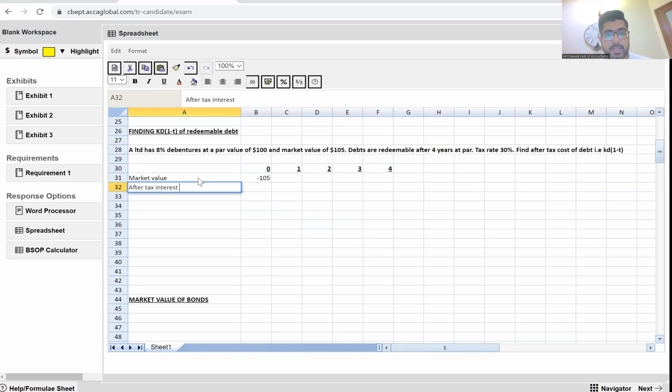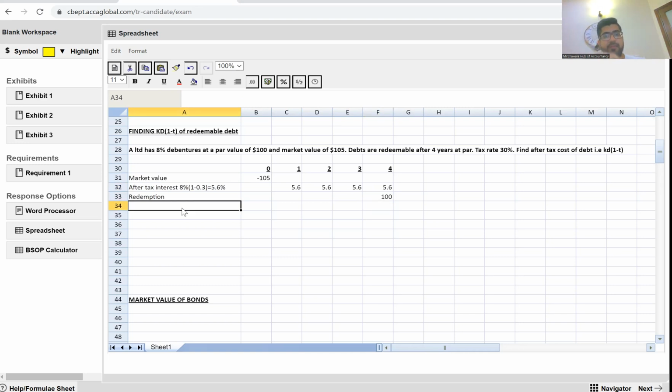Interest is 8%, so after tax it is 1 minus 0.3, which equals 5.6% of par. So you get 5.6. And then there is redemption at par, 100.